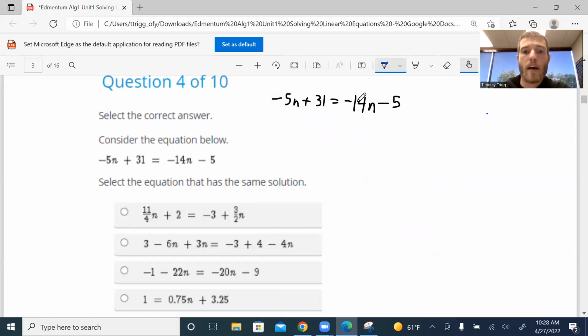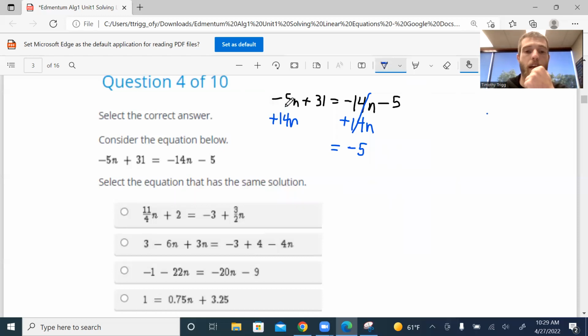Now, you can see I've got n on both sides of the equation. Hope you remember, I don't really like that. I want to move all my n's to the same side. So I'm going to use the addition property of equality to add 14n to both sides of the equal sign. This cancels this n. That way, you don't have any more n's over here on the right side. You just have this minus 5.